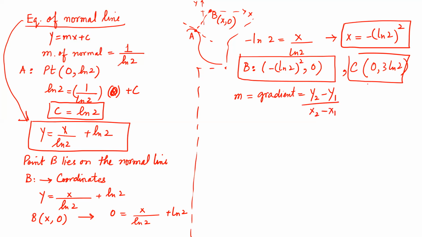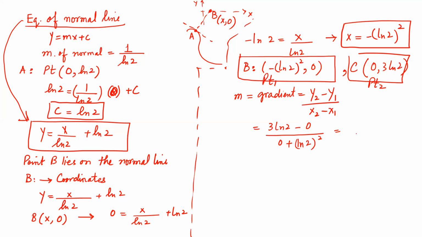Call it point 2, call it point 1. So y2 is 3 natural log of 2. What is y1? 0. What is x2? x2 is 0, minus what is x1? Minus natural log of 2 whole squared.